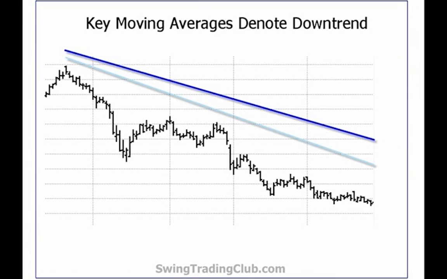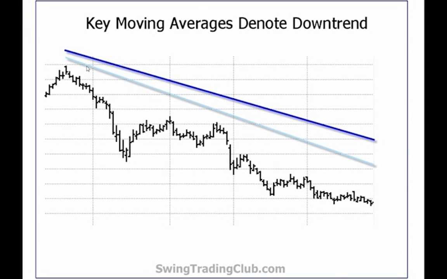Now, the two key moving averages that this strategy uses are real good because it's a real visual thing. You're going to see one is a slow moving average, one is a fast moving average, and then we've got price. So when we look at a chart like this, instantly we know, hey, this stock is in a downtrend. Why? Well, our moving averages are pointing down.